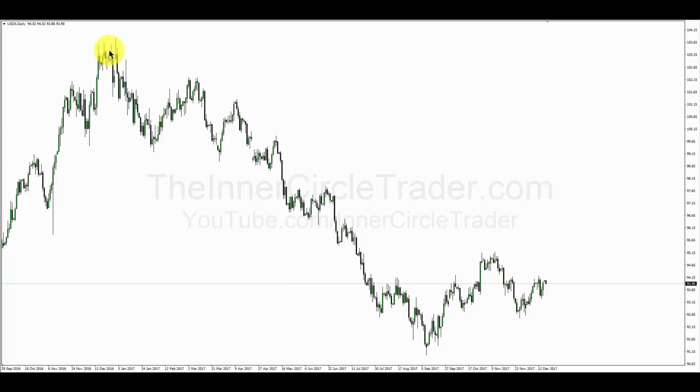Now, the prevailing trend has been down for the entire year on the dollar. And we created a rather significant low here. And we've rallied up, so we've broken this high.